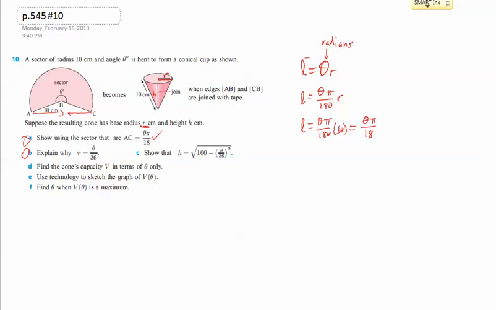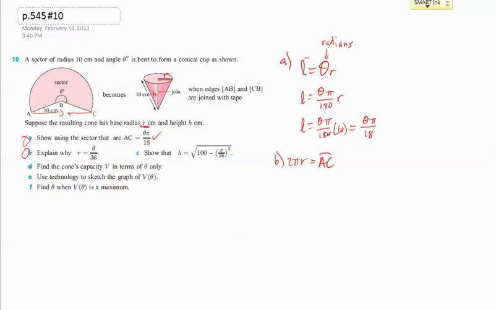So to get the circumference of the base of a cone, we go, so this was A, this is B, we go 2 pi r. So 2 pi r is the circumference, and the circumference is AC. And so AC is the arc that we just found up here.